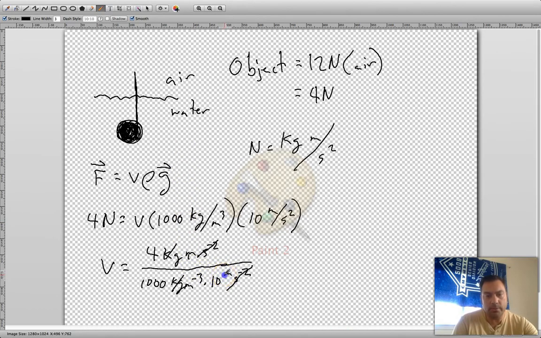I didn't write this very well, it almost looks like an exponent, so I'll put it a little bigger. But this will cancel with that. And so basically, we are now left with 4 divided by 10,000 meters to the -3.